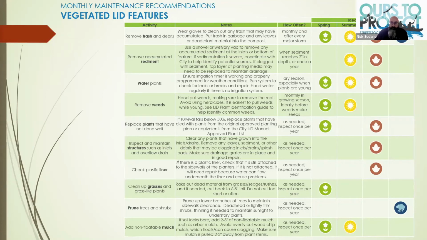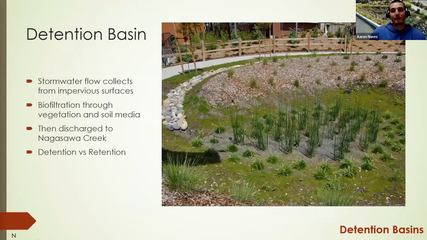And you'll start to notice that when we get into the maintenance requirements of all these features, we're overlapping with essentially all of the maintenance requirements, because these are all functioning the same way in terms of treating and capturing water. So one of the main things we'll see in terms of maintenance is mowing, and keeping mowing limited. Mowing needs to be done to not block, say, a curb cut or an inlet and then the high flow bypass.